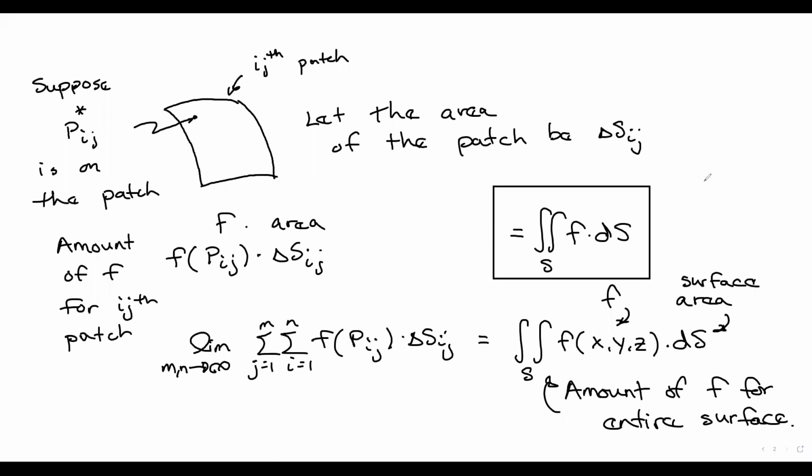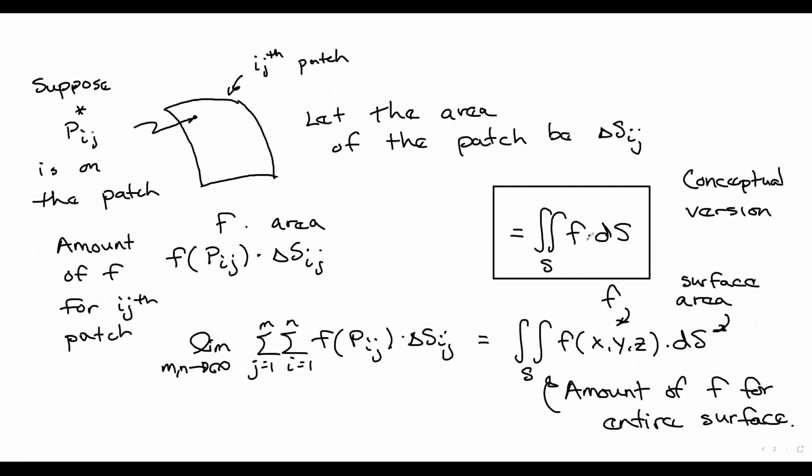And again, I'm going to write over here. So this is the conceptual. Similar to line integrals, if you go back and watch the line integrals video, there is a conceptual definition for line integrals, and then there's an evaluation definition. So this is the conceptual definition for a surface integral.